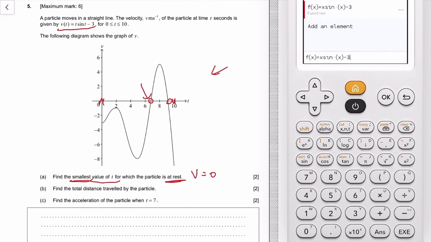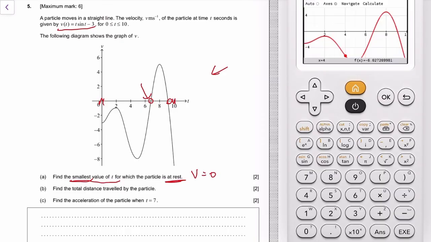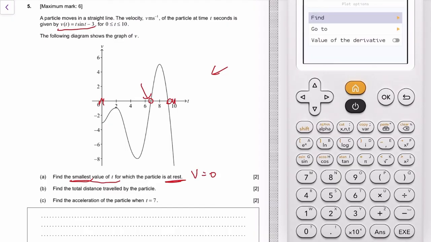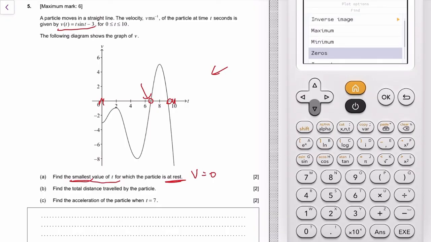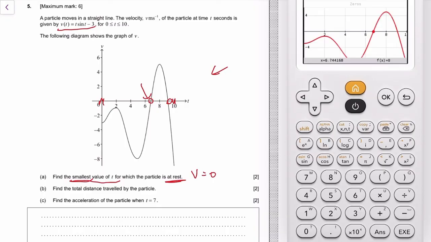Oh, they read my expression wrong. Maybe this. See if this solves the problem. Yep, pretty much. We just want the x-intercept, so obviously that's something the calculator does. It is 6.74.